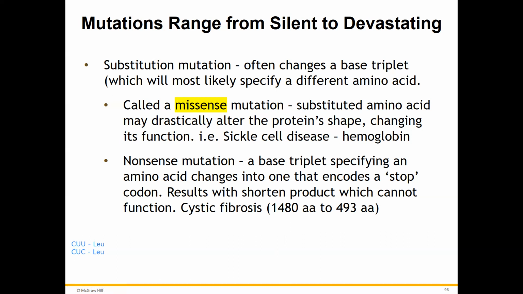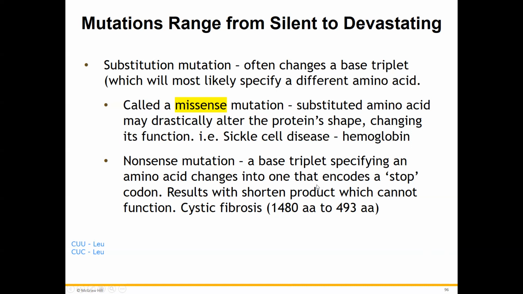The whole base triplet became a stop codon, which means that you shorten your whole protein. If a stop codon happens in the middle of translation, that means that however many amino acids are in place, that's where it stops, and it will not go on. In the information that I included, 1,480 amino acids are in that typical gene that codes for the chlorine receptor.